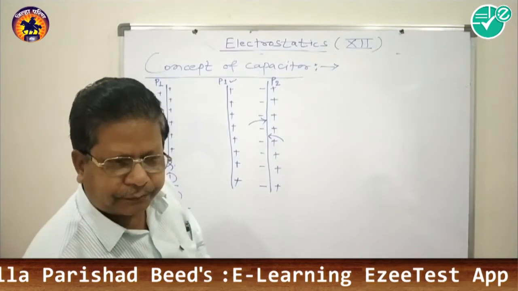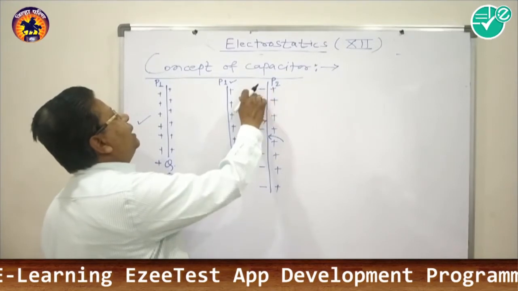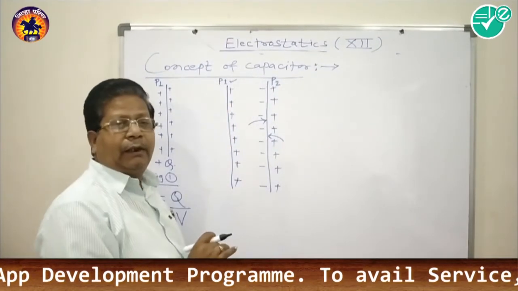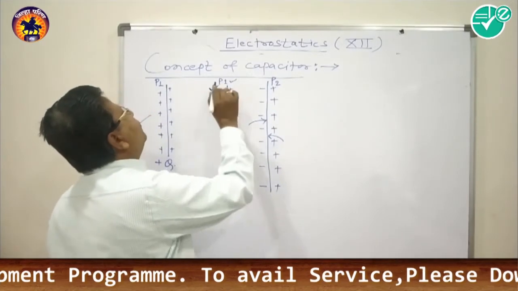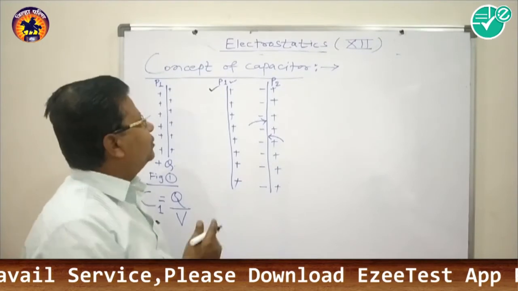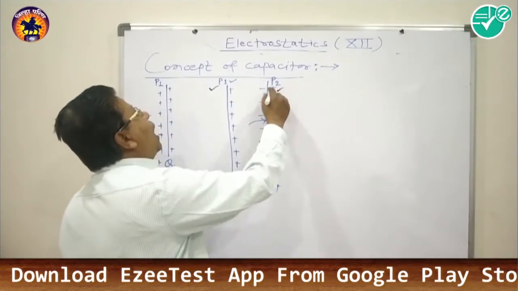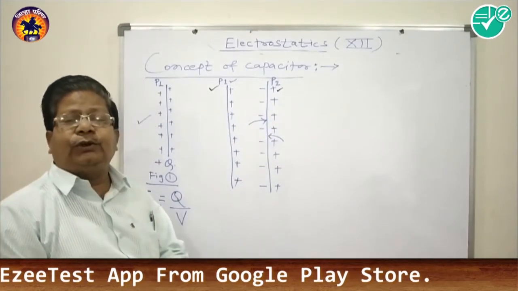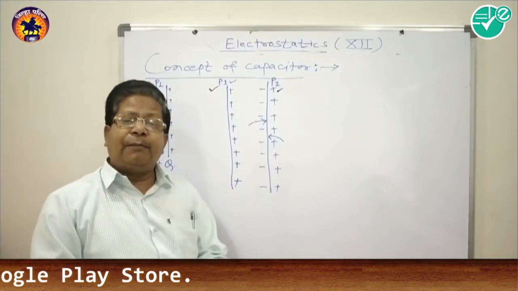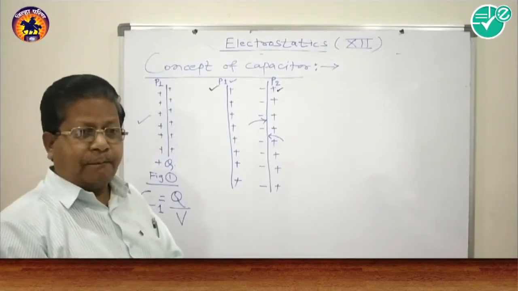And as the negative charges which are inside the plate P2 are near to plate P1, the potential of plate P1 goes on decreasing. And in a similar manner, the charges on P2 outside it are positive, due to which the capacitance of the plate P1 goes on increasing.